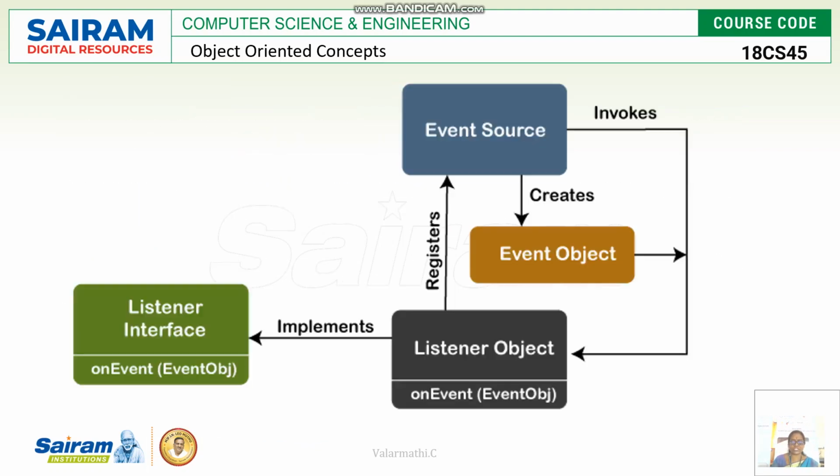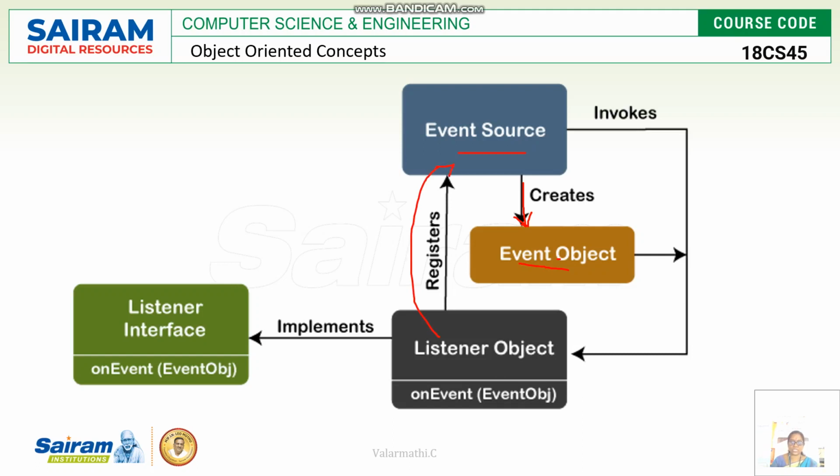Move on to the relations between the event, event source and event listener. This diagram shows the exact relationship. Here the event is one of the objects. It is connected with the event sources. So from the event source, the event object will be created, and this event source and event listener should be registered first.